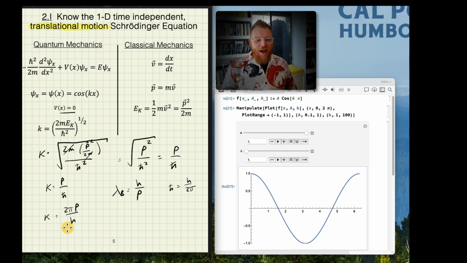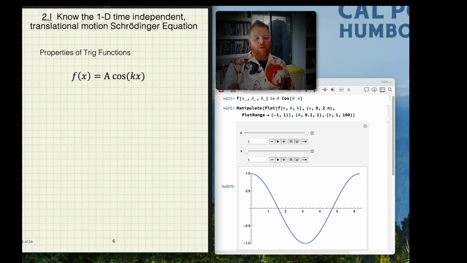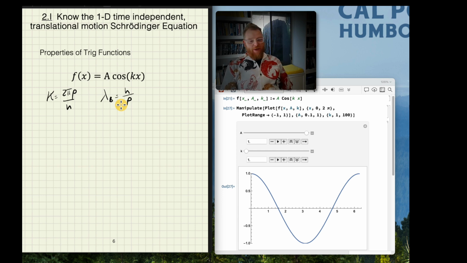So why is this special? Well, if we think about this cosine function, so I'm going to go to the next slide and we'll rewrite all of these things that we just discussed here. So we've got, let's see, we wrote that k is 2 pi p over h, we note that the de Broglie wavelength can be written as h over momentum.